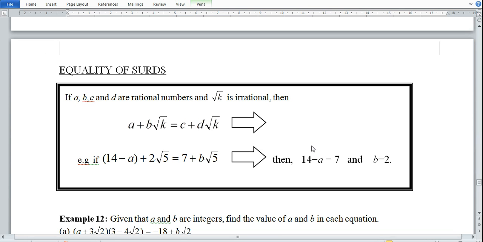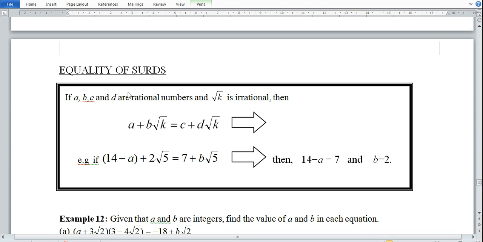Before we go into that, there is a skill that you have to recognize for the next section of solving. It's quite similar to what we have learned about comparing the left-hand side and the right-hand side of identities in the chapter of polynomial, but in this case, it is for surds.